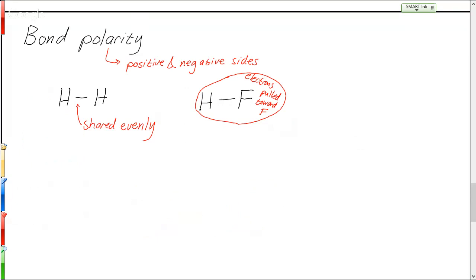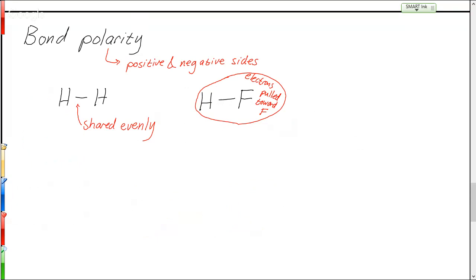And when the electrons are pulled toward one side, that sets up what we call a dipole, or a polar bond, because electrons are negatively charged. Everybody remember that? So what happens to the side where they got pulled away from? There's going to be fewer electrons, less electron over there. So what happens to its charge? Well, the electrons are negative.